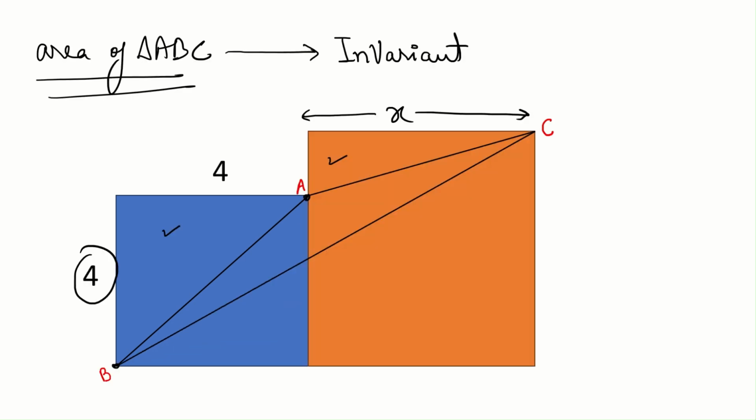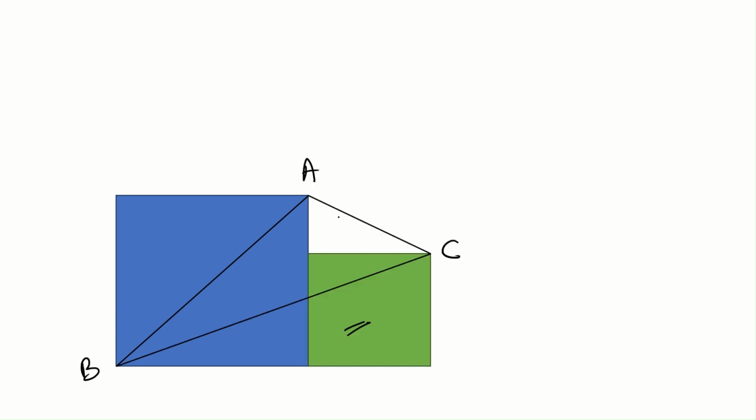So the sides AC and BC in the first figure and sides AC and BC in the second figure are different. But the area of triangle ABC should be the same. The question did not say it directly, but we have inferred it from the fact that the answer is going to be independent of the size of the second square.